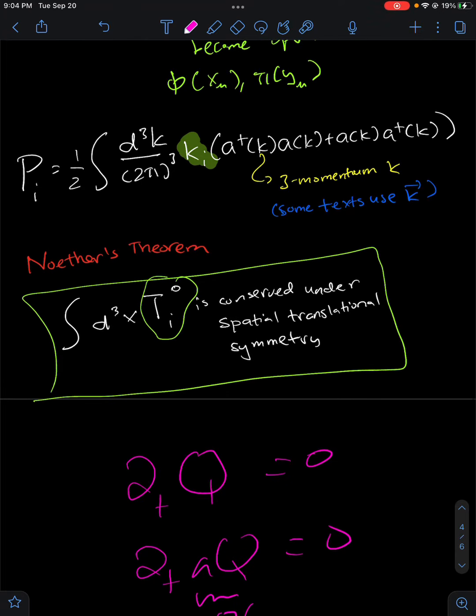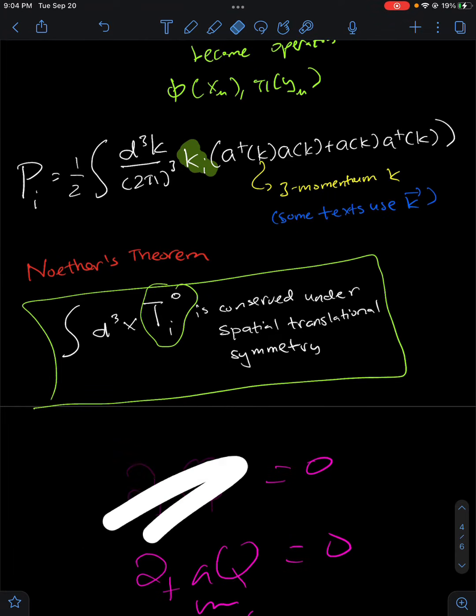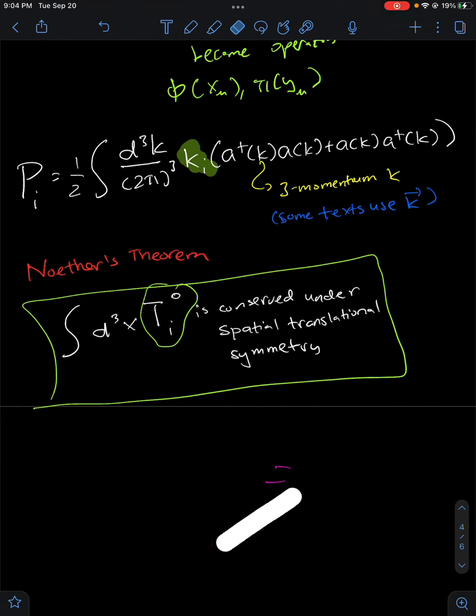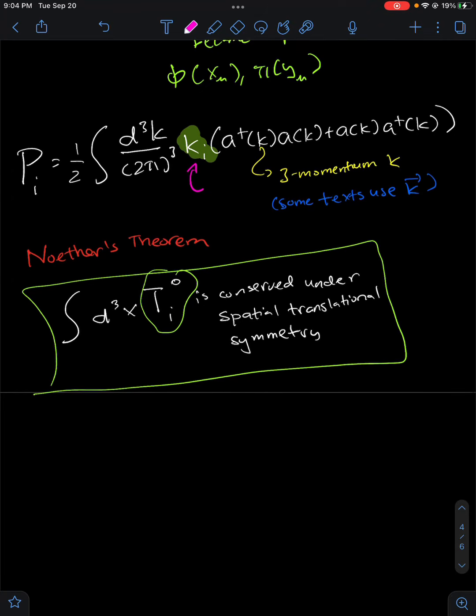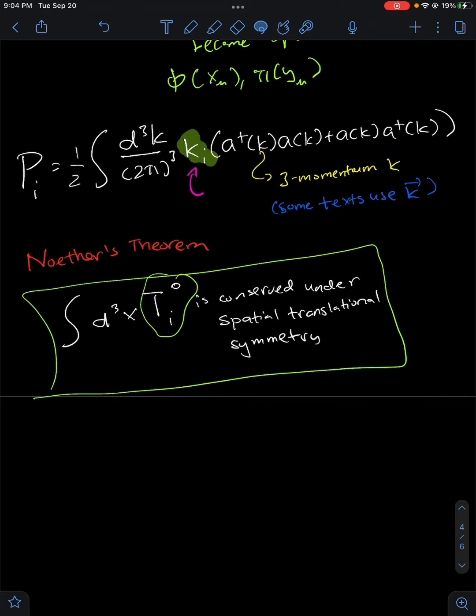So that's where the k comes in. And the k_i is pretty suggestive since it's going to be the momentum, but that's just spoiling the surprise. We just add this constant in there for future reference.